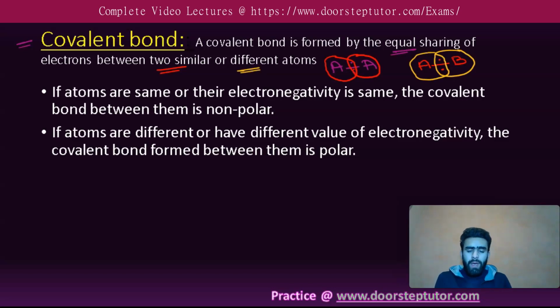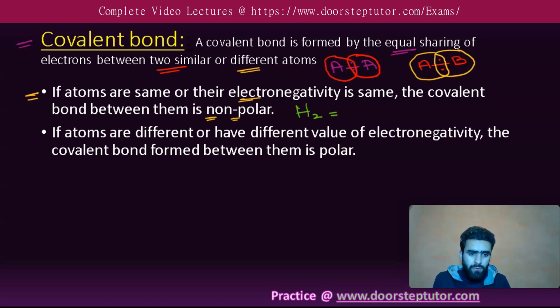Now we have two cases. The first case is that if the two atoms are the same, or we can say they possess the same electronegativity, then the covalent bond formed between them will be non-polar in nature. Let us have a look. Suppose we have hydrogen, H2.